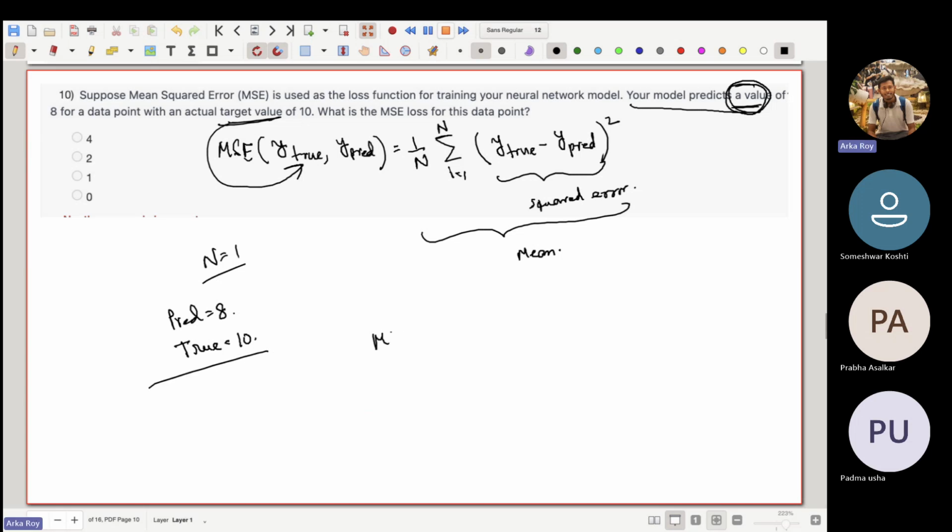So your MSE is 1 upon 1. The summation has no meaning here because you have a single data point. And therefore it is 10 minus 8 whole square. So this is 4.